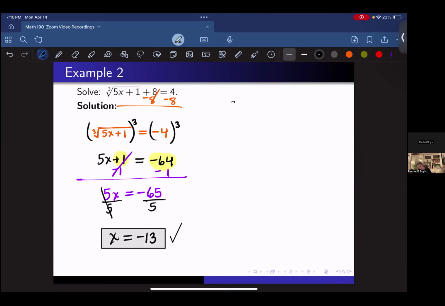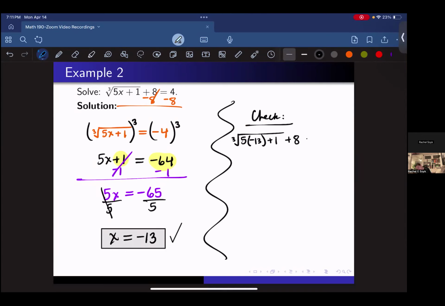Let's go ahead off to the side here, check to make sure that solution does indeed work. So we have the cube root of 5 times -13 plus 1, plus 8. Does this equal 5? Well, 5 times -13 gives us -65.